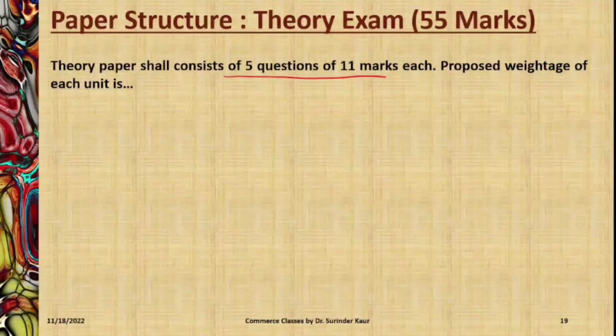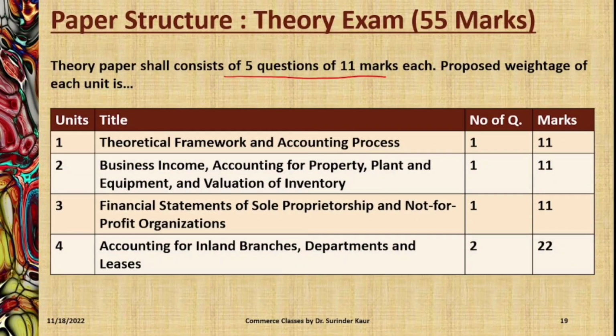So what is the proposed weightage? From the first 3 units you will have 1 complete question of 11 marks. From the 4th unit, because it has accounting for 3 different types of businesses, you have 2 questions of 22 marks. But please do not take it as if we can leave one topic, because we will have only 2 questions of this, so we can solve 2 topics.